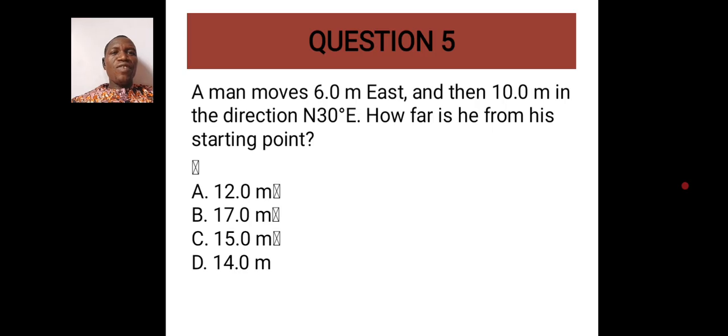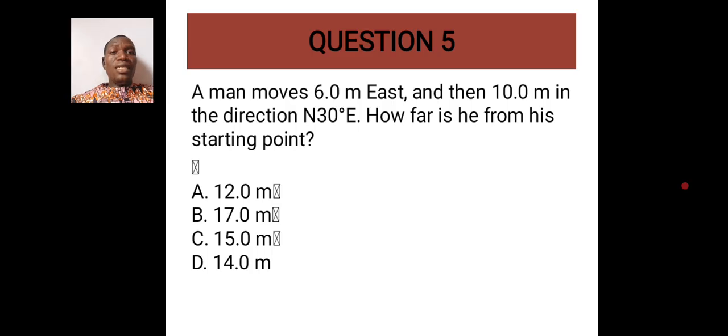We go to question 5 that says a man moves 6 meters east and then 10 meters in the direction 30 degrees northeast. How far is he from the starting point? So this question has to do with vectors, and this time around we are going to use a rule.